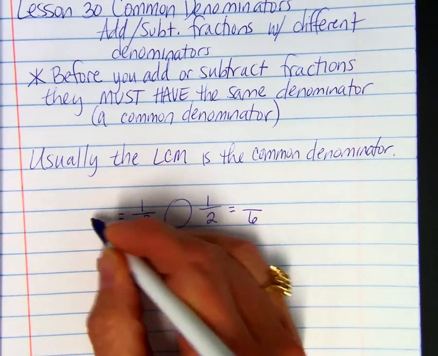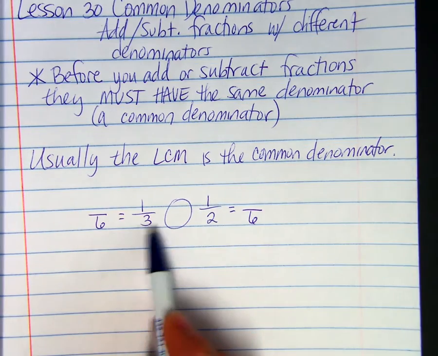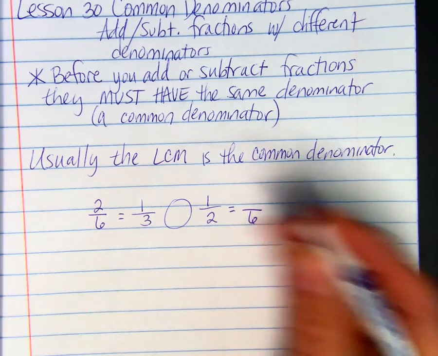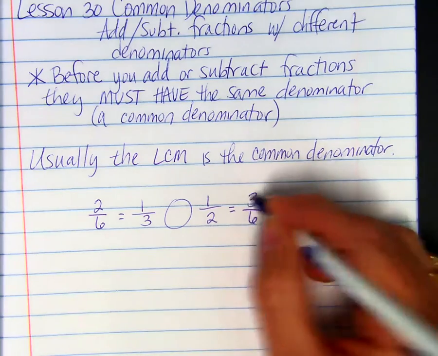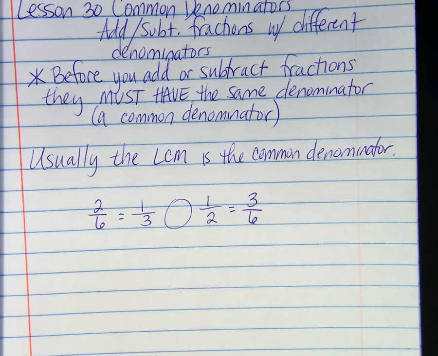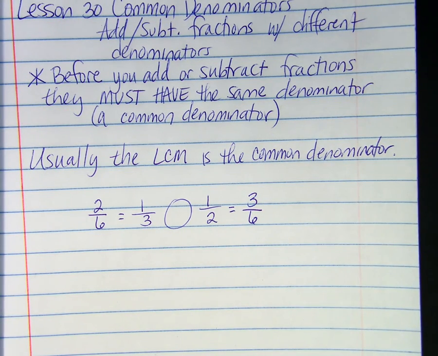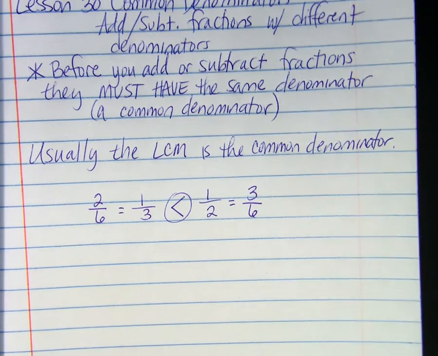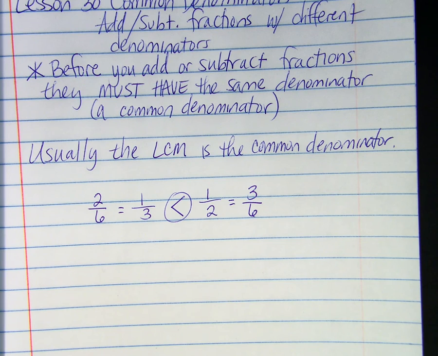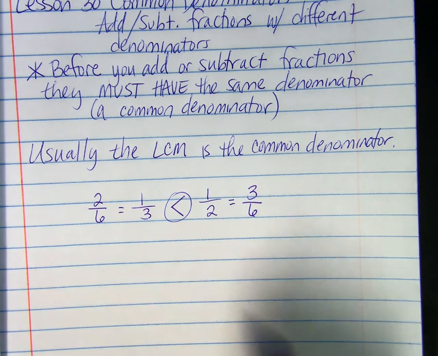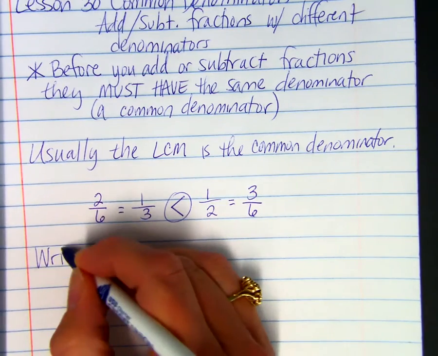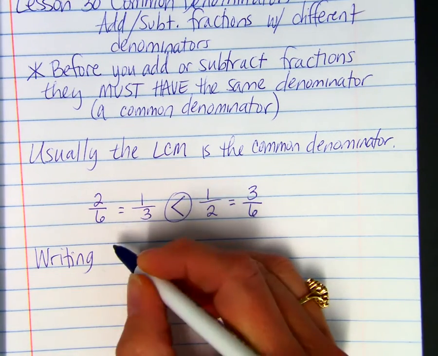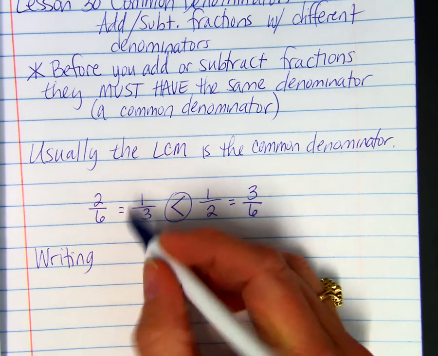So we could rewrite 1/3 as 2/6 and 1/2 as 3/6. Now that they have a common denominator, you can compare and see that the 3/6 is greater than 2/6. So writing fractions with a common denominator helps us compare them.